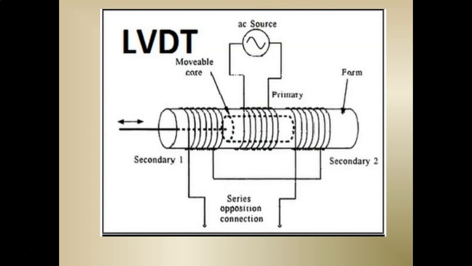The secondary windings are connected in opposition, so that the output voltage will be the difference of the voltage in secondary winding 1 and the voltage in secondary winding 2, that is E0 equal to E1 minus E2.